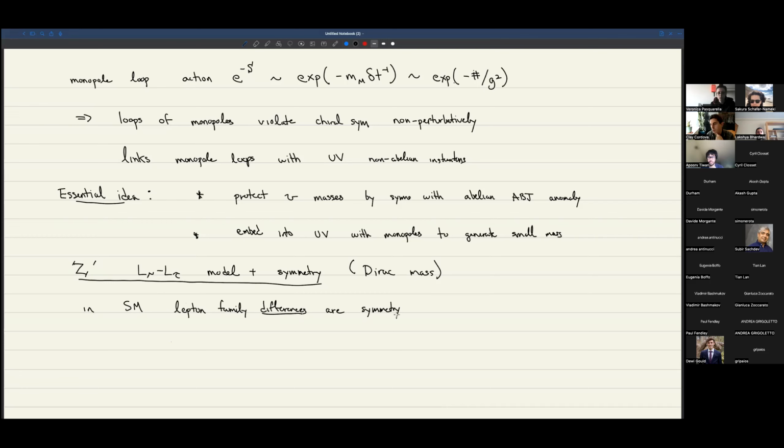So lepton number itself, U1L, is not a symmetry. It has some non-abelian ABJ-like anomalies, which really destroy it. But lepton family differences are symmetries.